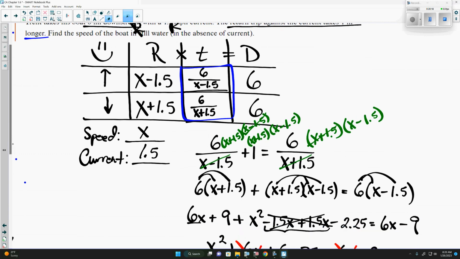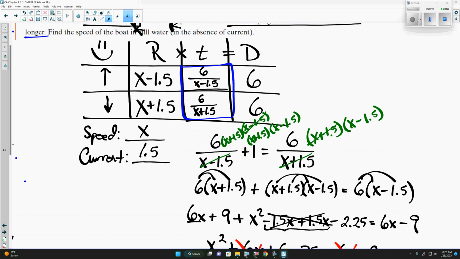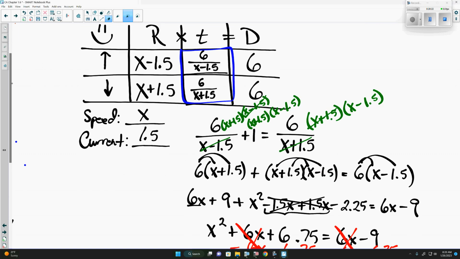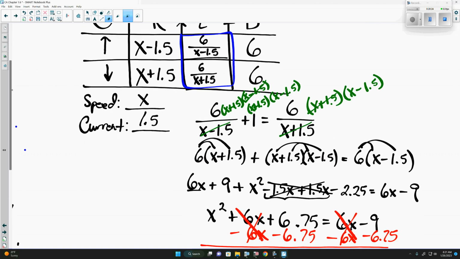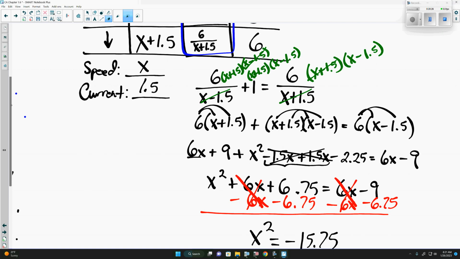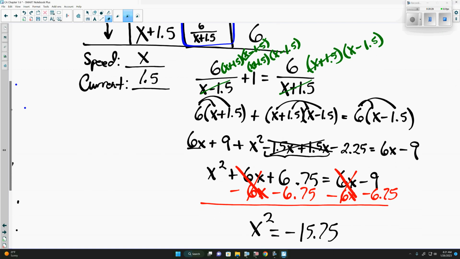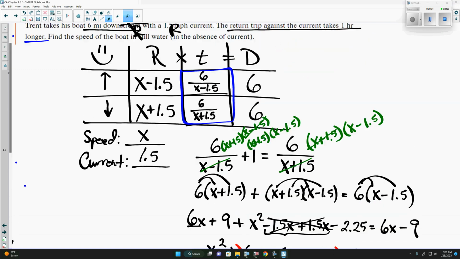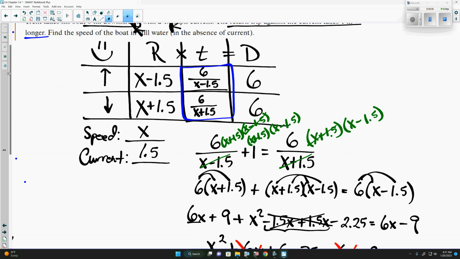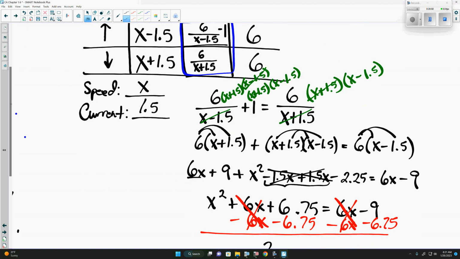Because if they would be the same, then they would be equal to each other. 1 hour longer. Like this. Because if it's an hour longer, for them to be the same, we'd actually have to subtract 1.